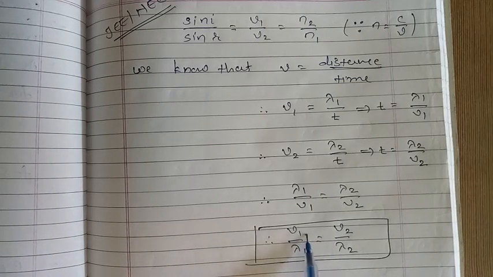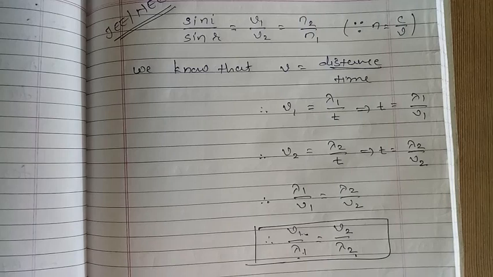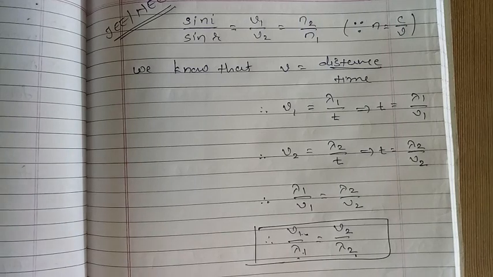The equation is V1 upon lambda 1 is equal to V2 upon lambda 2, or V1 upon V2 is equal to lambda 1 upon lambda 2. This is the relation between velocity and the wavelength lambda. Okay, thank you.